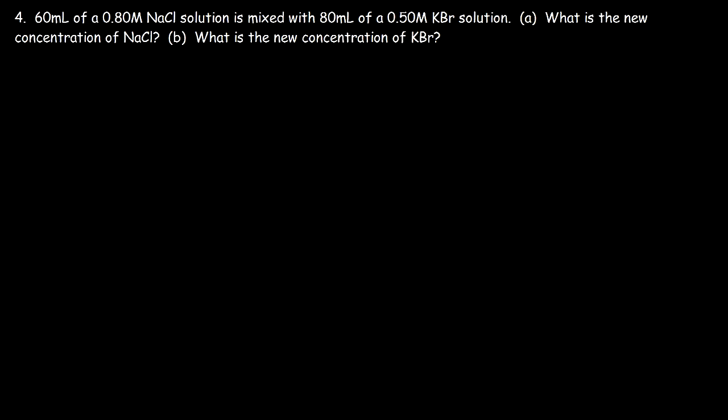Well, first, we need to calculate the final volume of the combined mixture. And that final volume is going to be 60 milliliters from the NaCl solution plus 80 from the KBr solution. So V2, the final volume for both solutions, which is not one solution, is 140 milliliters. So let's use pictures to represent what's going on here.